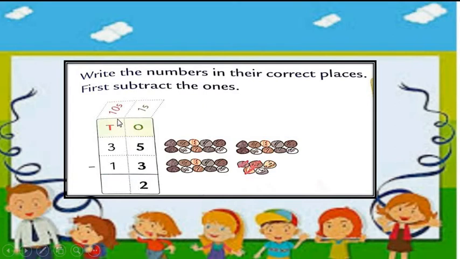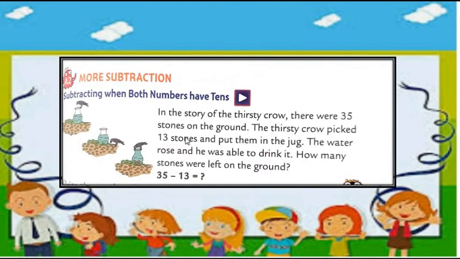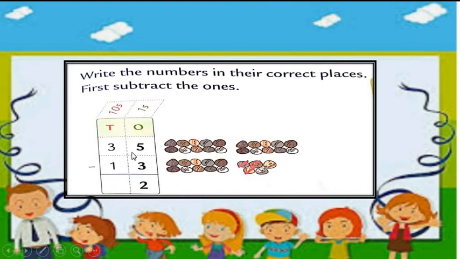So in the first column, the tens column, write number 3. In the ones column, write number 5. Means 3, 5, 35, as the crow has shown 35 stones on the ground. That's why we are writing 35 here. Look here, there were 35 stones on the ground. So first of all we have to write 35.